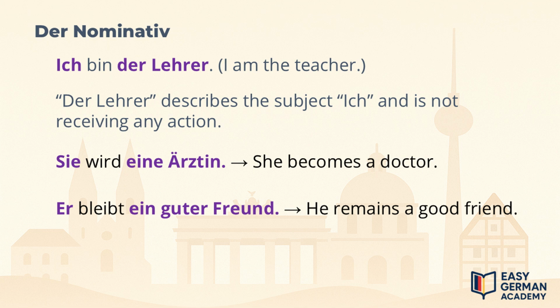Again, both er and ein guter Freund are in nominative. In all of our three examples, which have used the verbs sein, werden, and bleiben, the second noun doesn't receive any action. It's just describing or identifying the subject. So even though in English it might feel like an object, in German it's still treated as part of the subject and stays in the nominative case.